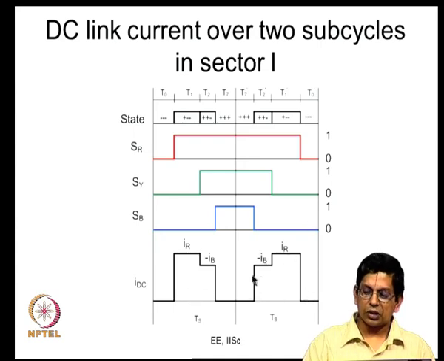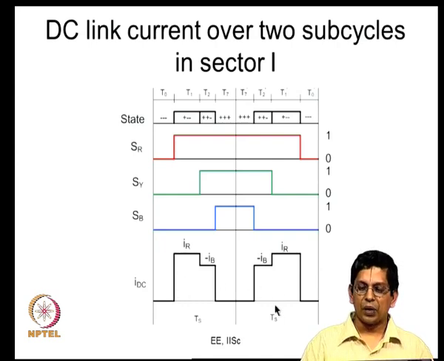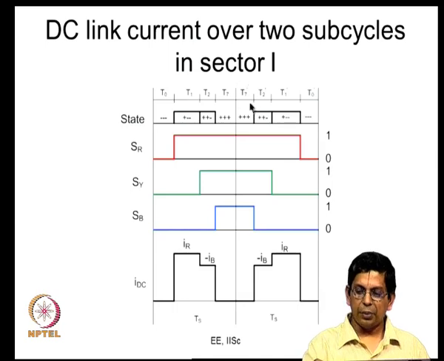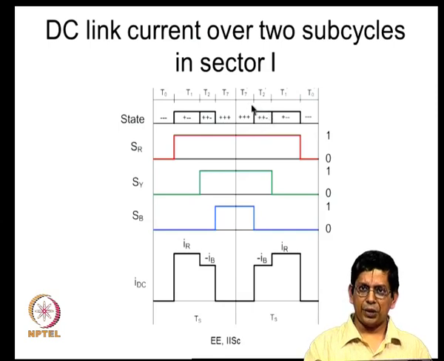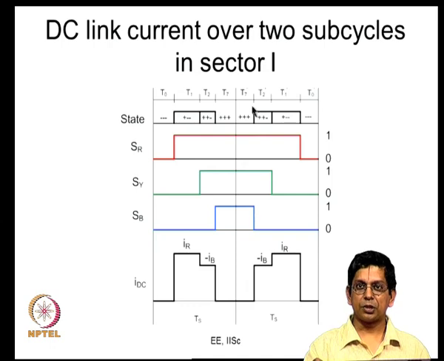What is the difference between this subcycle and that subcycle? Obviously, the state sequence is the reverse, it is 0, 1, 2, 7, it is 7, 2, 1, 0. Other than that, you can see that the time intervals have slightly changed, because the reference voltage vector has slightly changed. Under steady state condition, the magnitude of the reference vector will not change, but the angle will change by an angle equal to omega Ts, where omega is your fundamental frequency and Ts is the subcycle time.